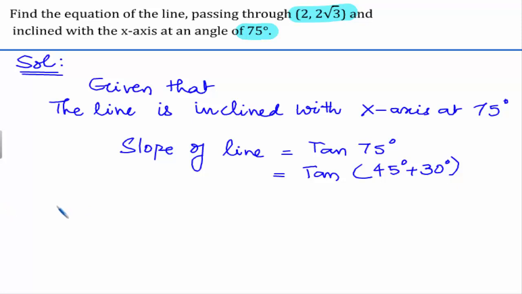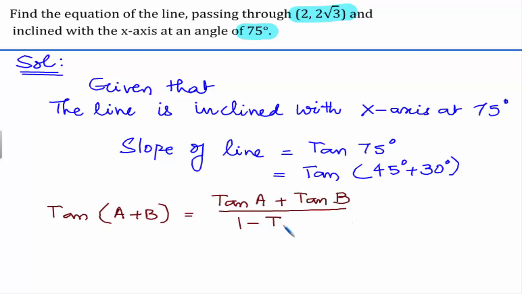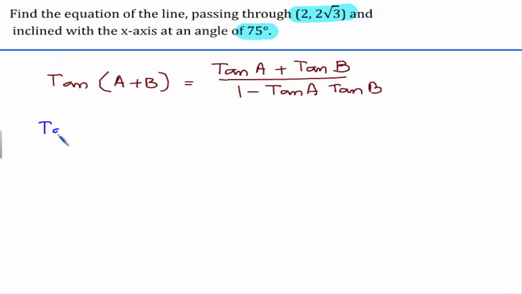Now we know the formula tan A plus B is equal to tan A plus tan B by 1 minus tan A tan B. So using this formula, let us try to find out the value of tan 45 degrees plus 30 degrees.